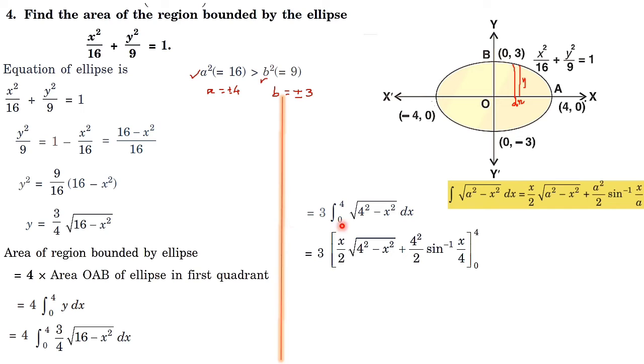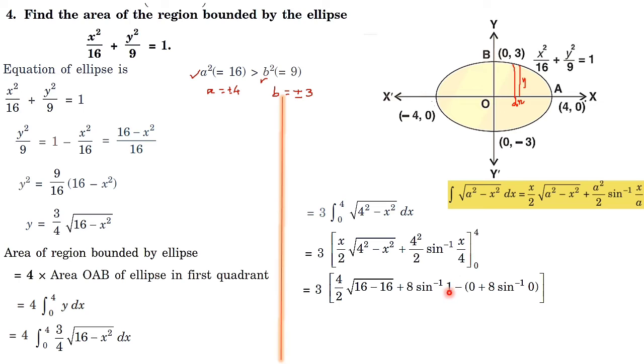Apply the limit 0 to 4. That means 3 into, here, when we apply, 4 by 2 into root of 4 square is 16 minus x square, first value is 4, so 4 square is 16, plus then here again 4 square is 16, then 16 by 2 is 8, so it is written here 8 sine inverse x by 4, x is 4, sine inverse 4 by 4 is sine inverse 1.